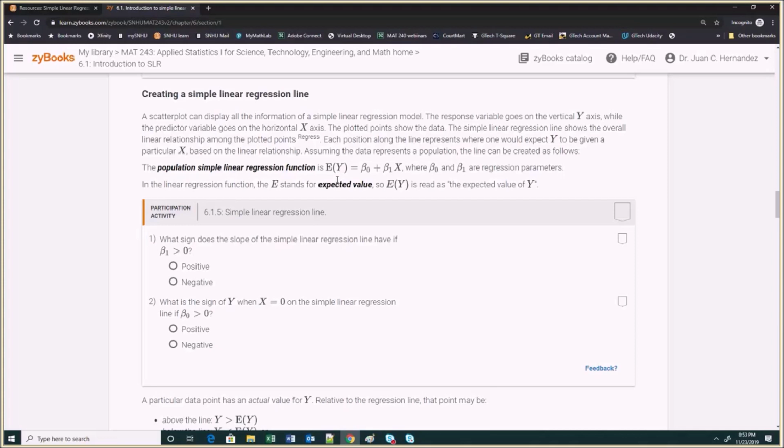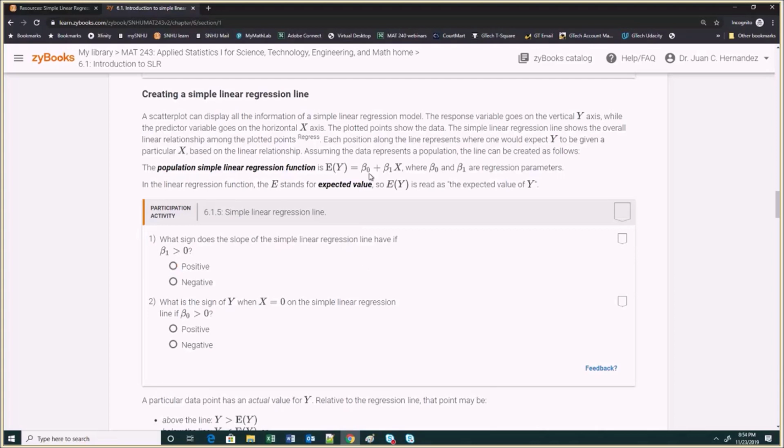Y is the dependent variable, equals beta 0 plus beta 1 x, where x is the independent variable. Beta 0 and beta 1 are parameters that we will estimate using sample data. And these parameters will determine the slope of the line and at what point the line crosses the y-axis.